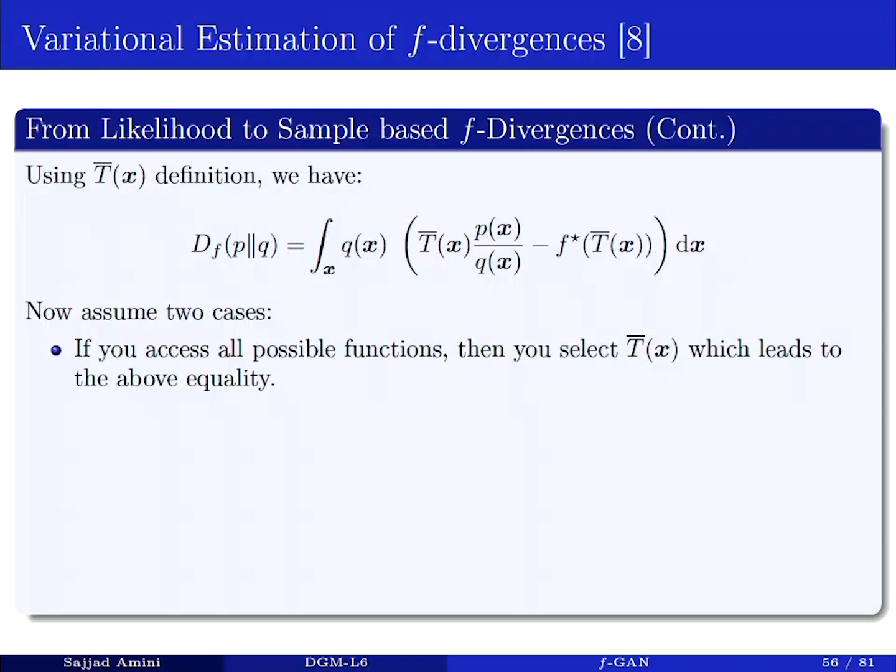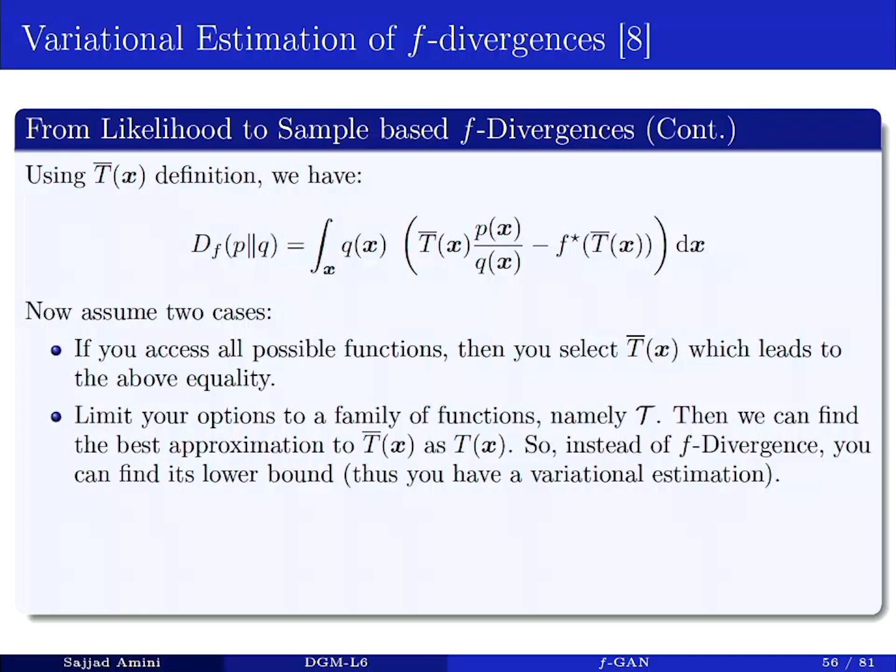Now I want to limit the capacity of that t. If you have access to all possible functions, then you select t bar of x, which leads to the above equality. So if I have access to the complete set of functions, I find the best one and put it here, and I have the equality. But now I want to limit myself to a family, this calligraphic T. Then I want to find the best approximation to t bar among this family.